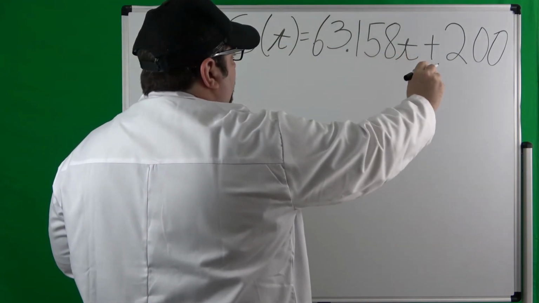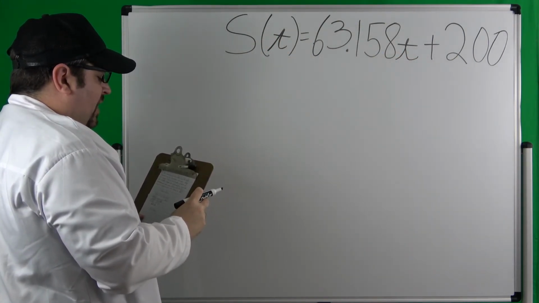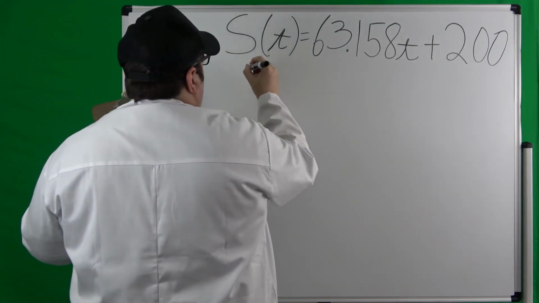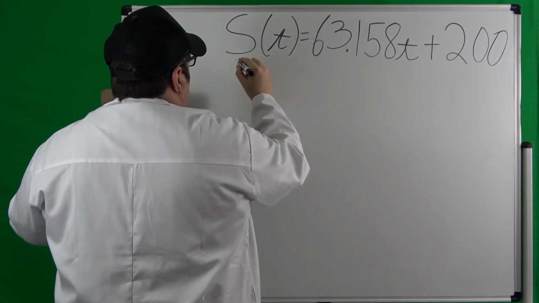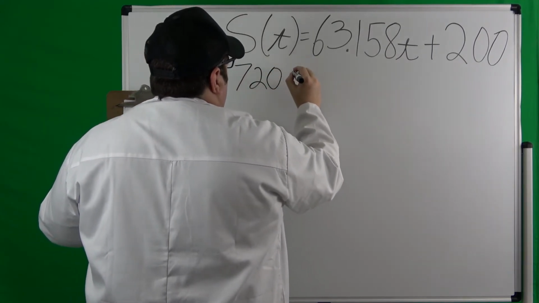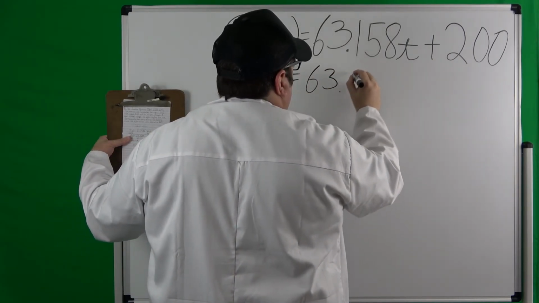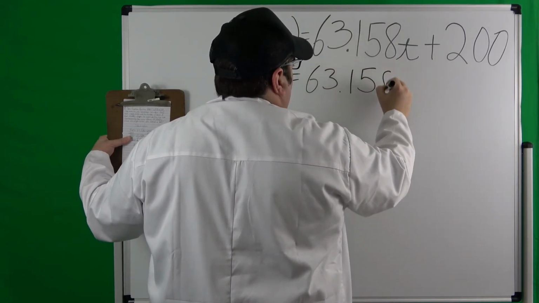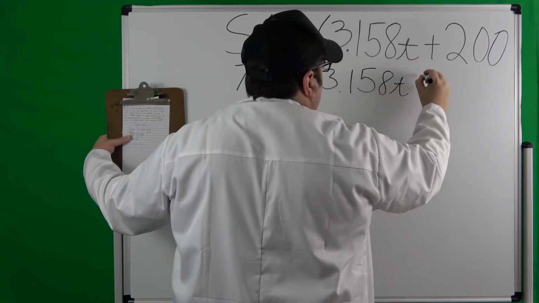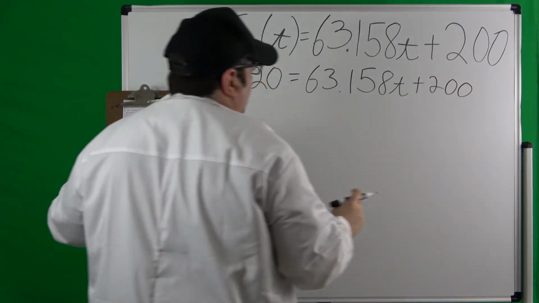So there's our function. And our s of t, well, they give us that in the problem, right? She scored a 720. So we're just going to plug in 720 for s of t. And then solve for t.